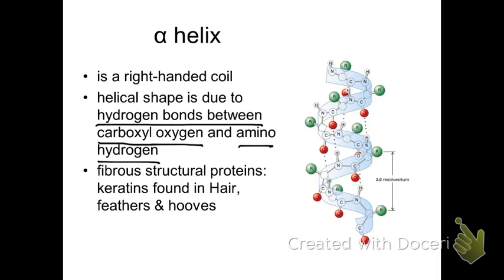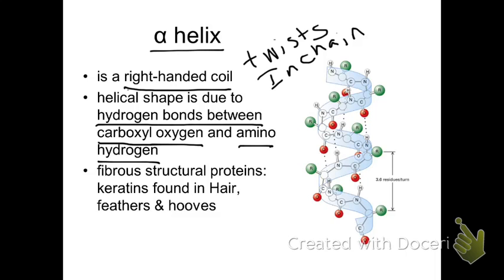When we create alpha helices, there is a twist in the chain as a result of forming these hydrogen bonds in the polypeptide chain. This twist results in a right-handed coil, or an alpha helix.